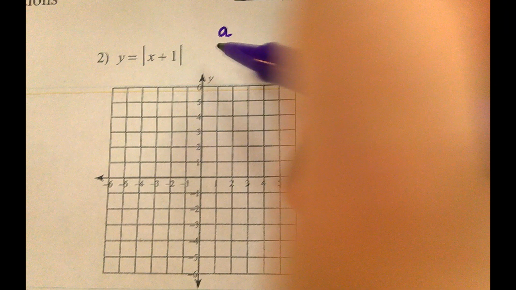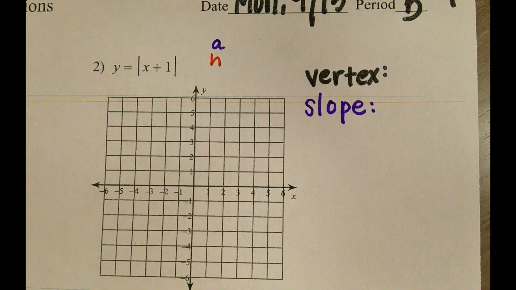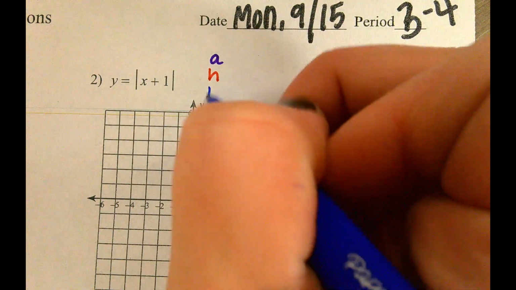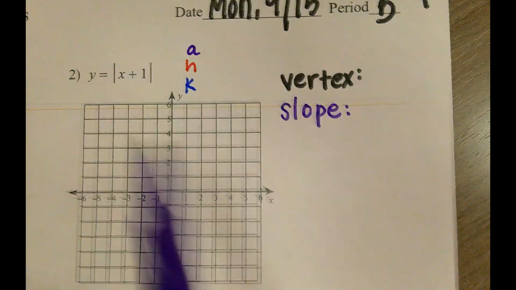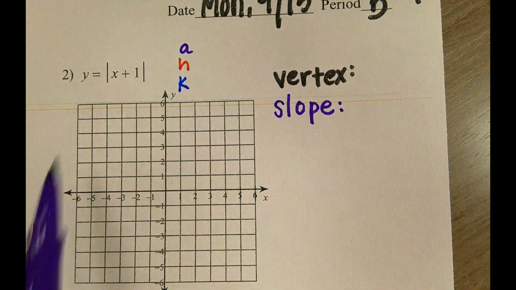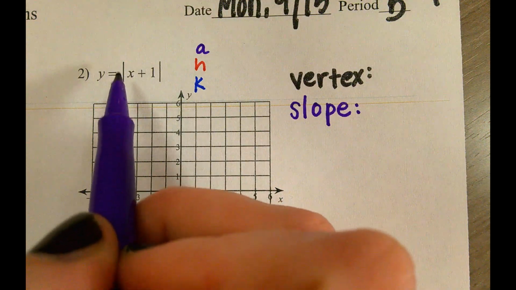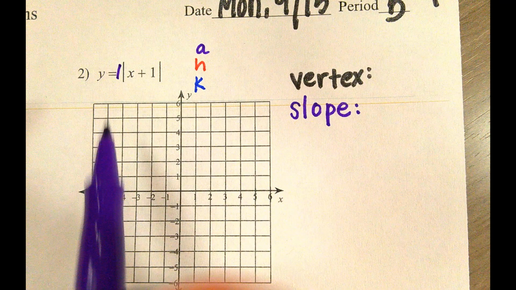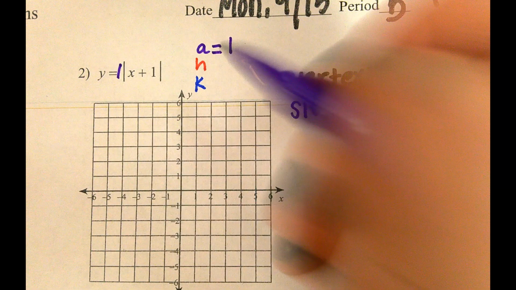Maybe over to the side we can write A, H, K. What is my value for A in this equation? 1. Remember, A is in front of the absolute value. If there's no number, it's like there's an invisible 1. So our A is 1.